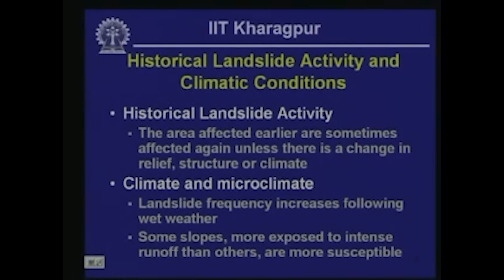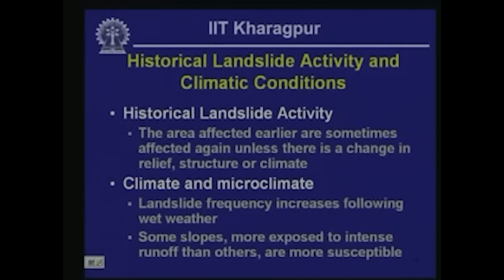The second point that we looked at a little bit earlier was historical landslide activity in a particular area and climatic condition. As I mentioned before, the key consideration with respect to historical landslide activity in a given area is this: an area affected in recent times by landslides is likely to be affected again unless there is a remarkable change in the slope geometry as a result of the ongoing landslide activity.